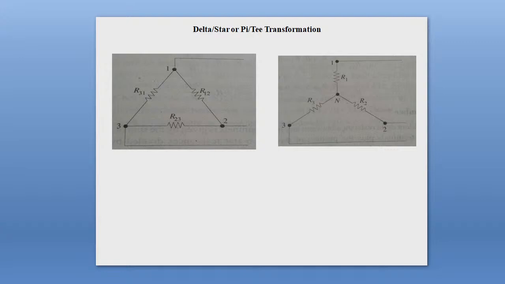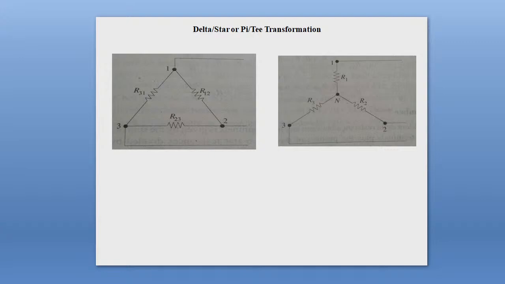If one network can be converted to another network, their terminal resistances must be the same. If their terminal resistances are not the same, then we cannot transform one form into another. The condition is that their terminal resistances must be the same, then we can convert one to another.